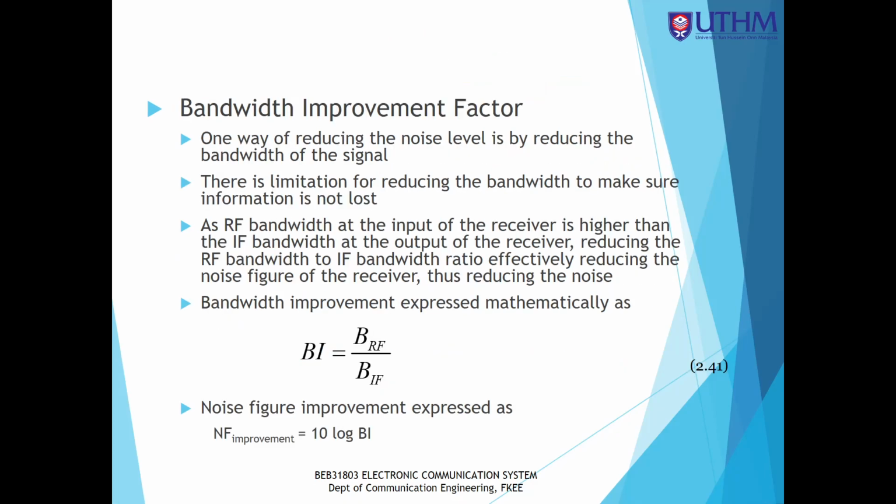Then the bandwidth improvement factor. This is the third parameter, the bandwidth improvement parameter, which is related to the tuned circuit. It is equal to the bandwidth of the RF divided by the bandwidth of the intermediate frequency, IF.